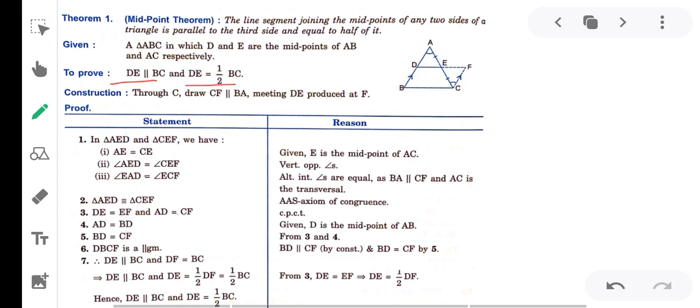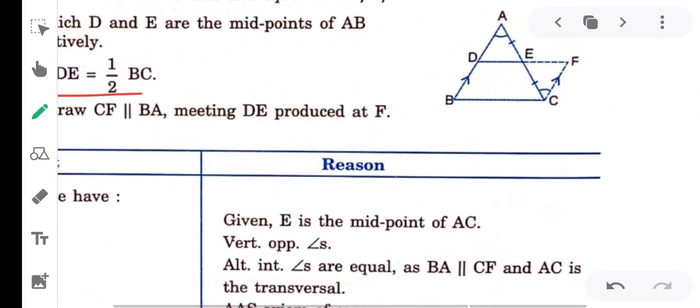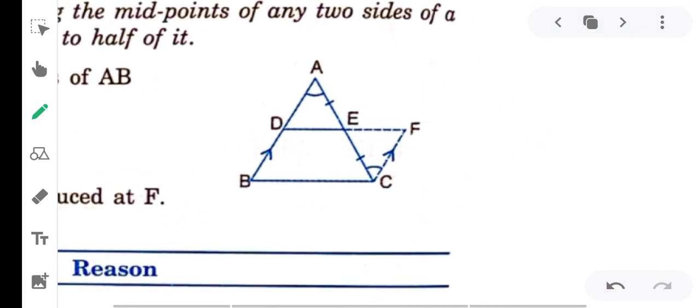Now in triangle AED and triangle CEF, AE equals CE because E is the midpoint. Then angle AED equals angle CEF because these are vertically opposite angles.